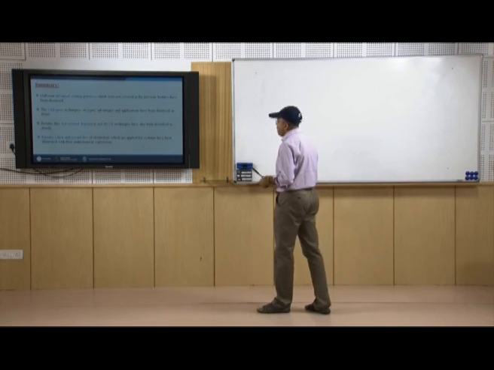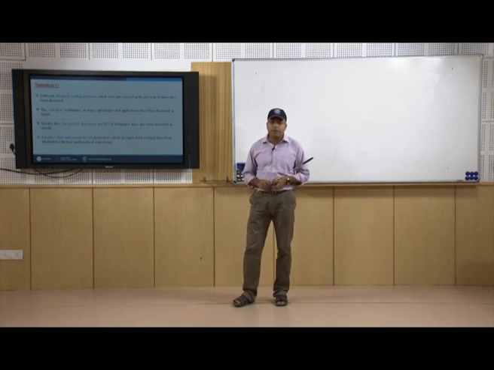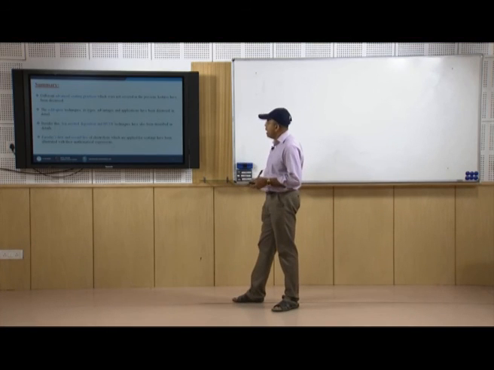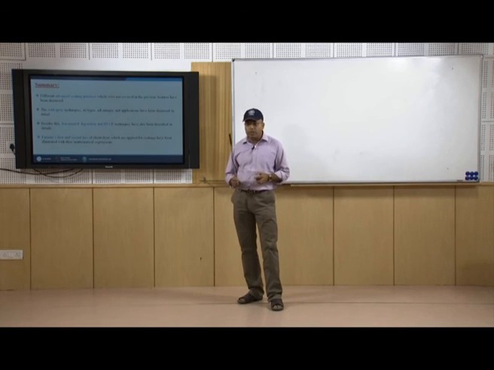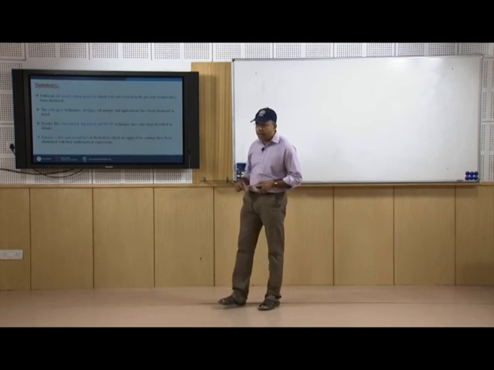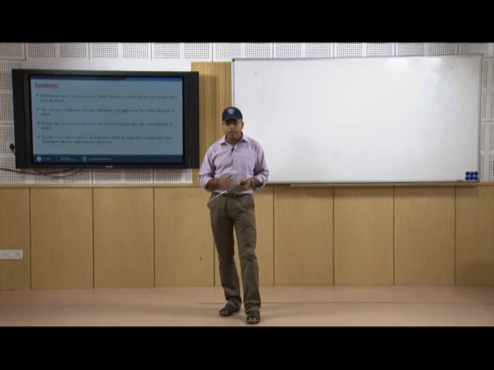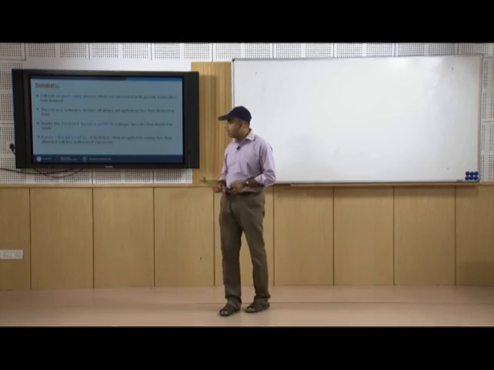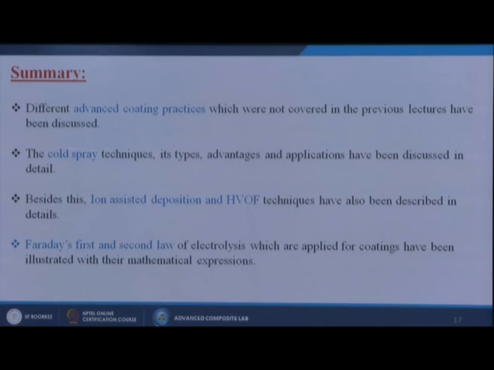Next, in the summary, here we have discussed different types of advanced coating practices which were not covered in the previous lectures. The cold spray techniques mainly we have discussed over here. We have discussed the high pressure cold spray and low pressure cold spray techniques. We have given brief examples of these kinds of techniques, what the disadvantages are and what the advantages are. Besides that, we have discussed ion assisted deposition.